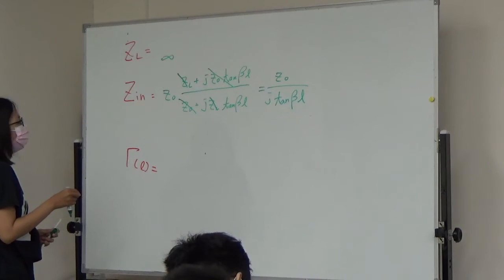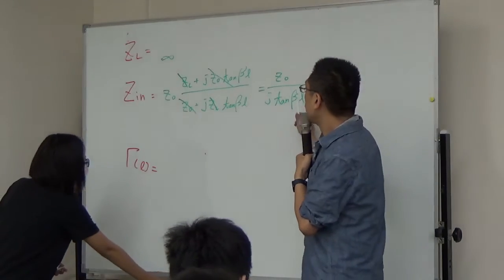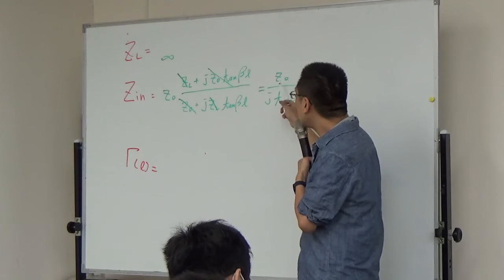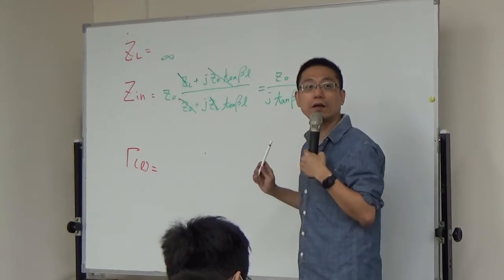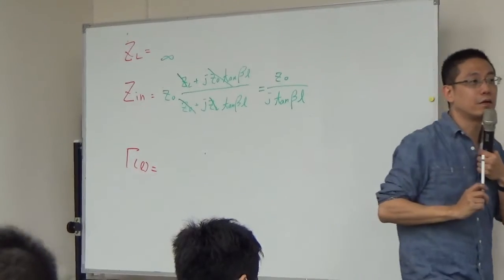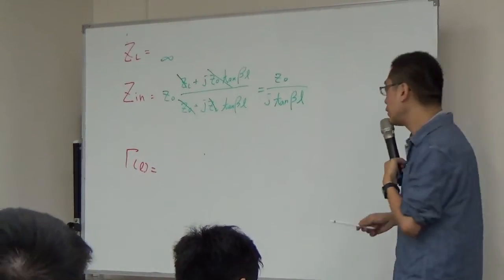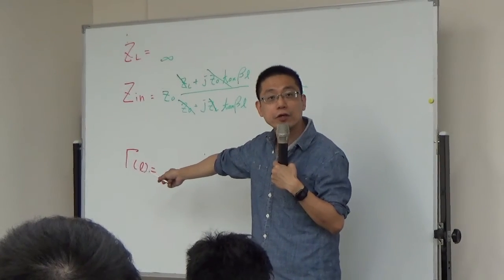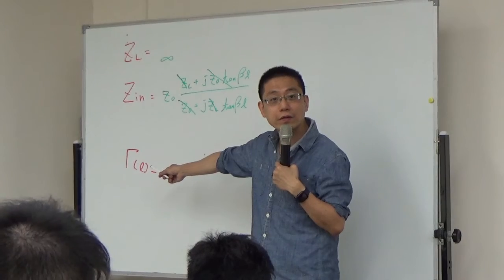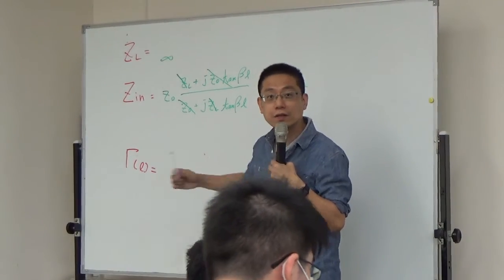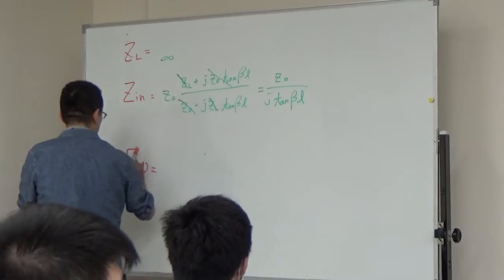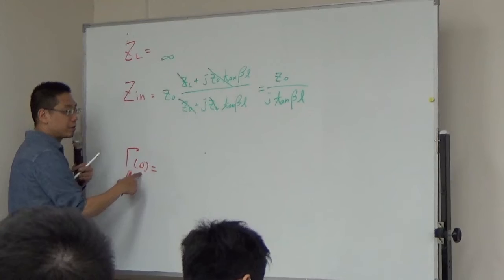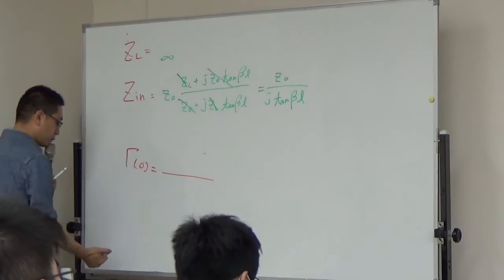Your impedance will become Z0 over j tangent beta L. And your reflection coefficient at 0 is, one more question, what is this one?